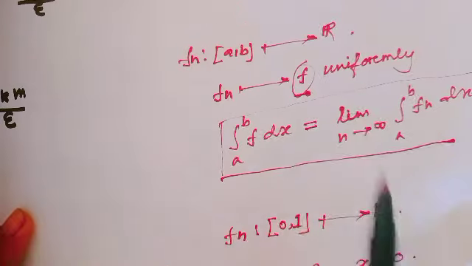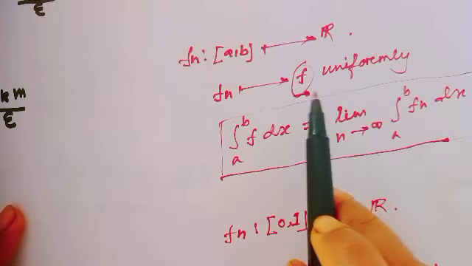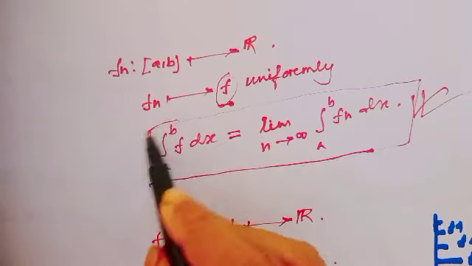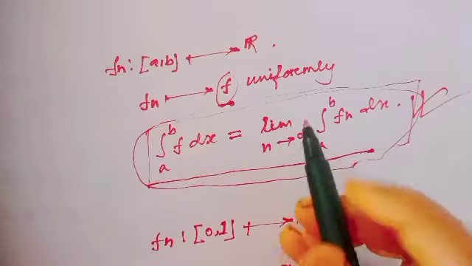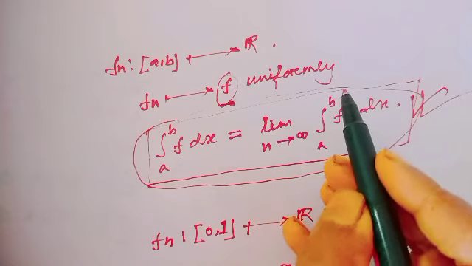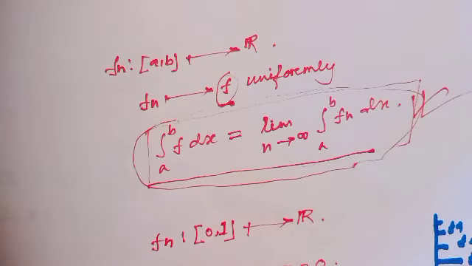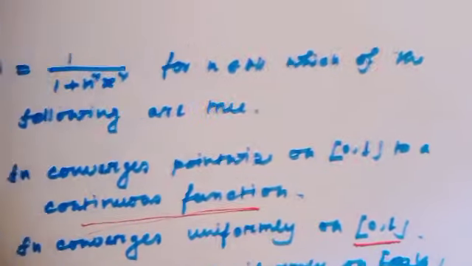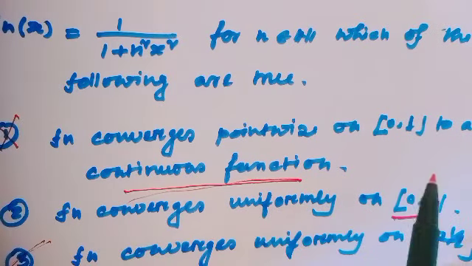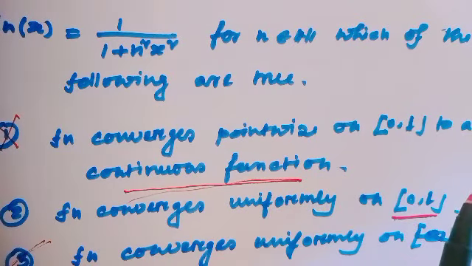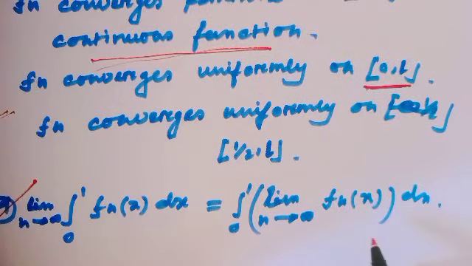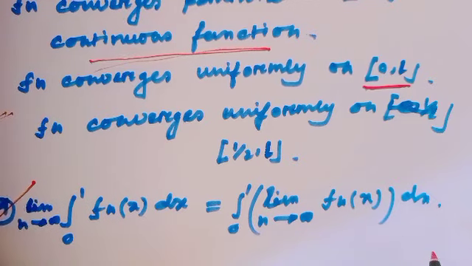That means if the function is uniformly convergent to f, then this relation will always hold. But this relation holding does not mean the sequence is uniformly convergent. The example is this sequence of functions: fn does not converge uniformly on the closed interval [0, 1], but this relation is satisfied here. Are you getting the idea?